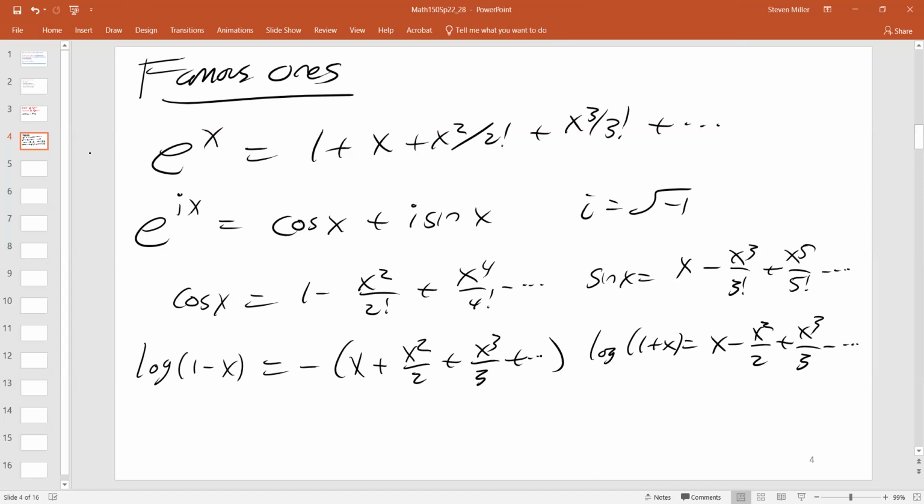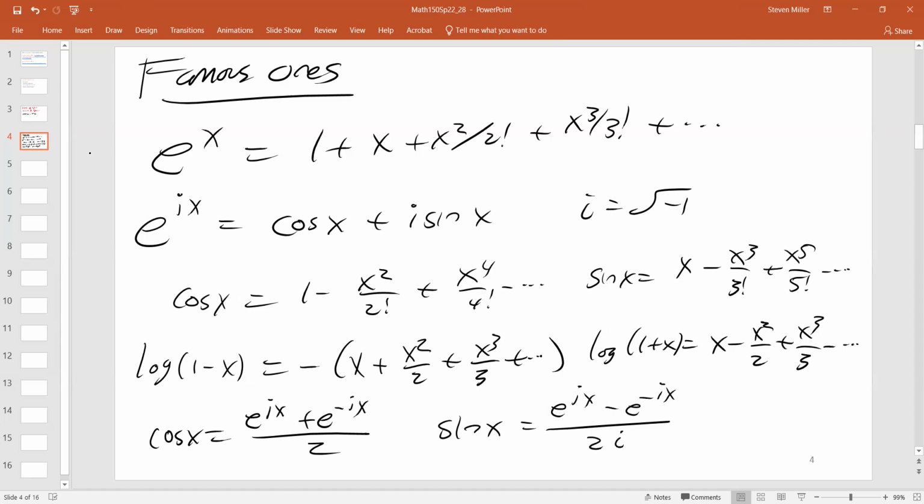And the fact that e to the ix is cosine x plus i sine of x gives you some idea of where the trig identities come from. The trig identities come from complex analysis. They come from the exponential function. And you can even write cosine x as e to the ix plus e to the minus ix over 2, and sine of x as e to the ix minus e to the minus ix over 2i.